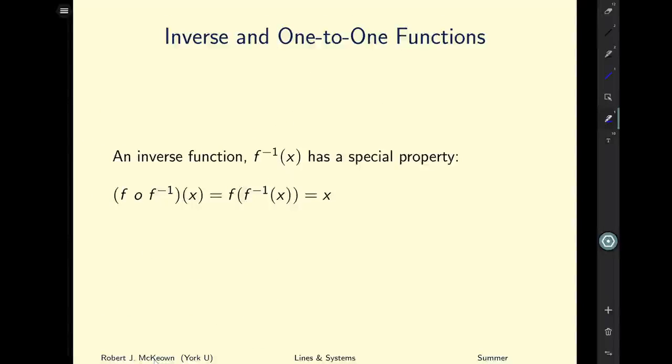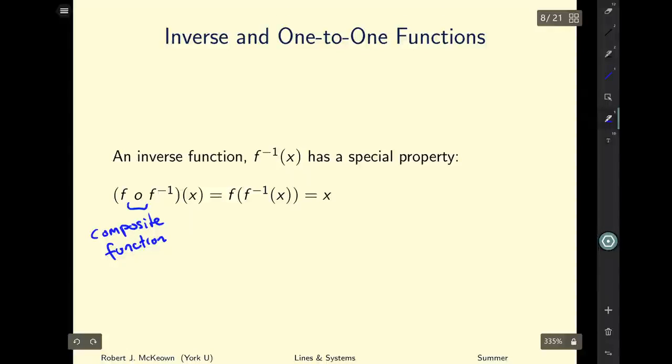Inverse functions have a very interesting property. So this little operator here creates a composite. So this is an operator to create a composite function.